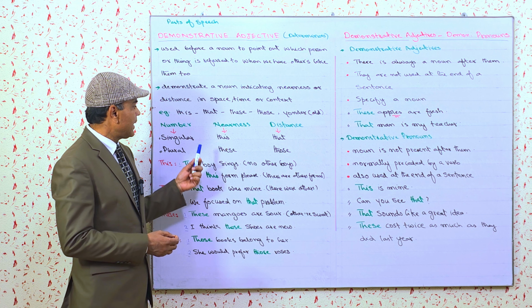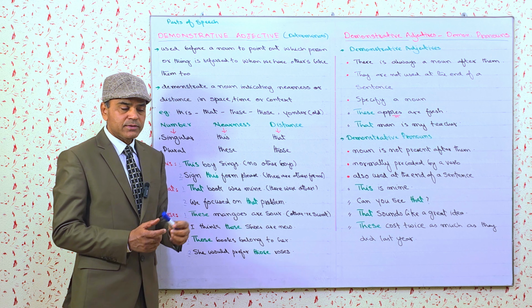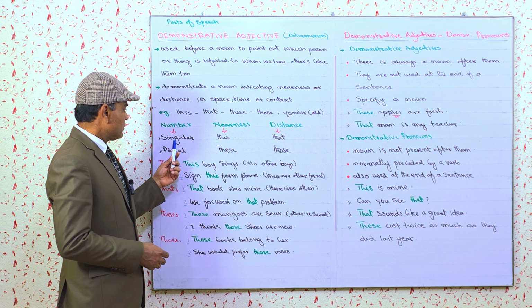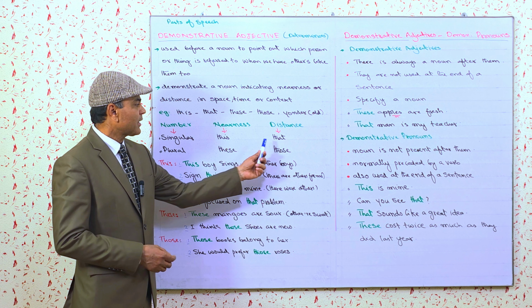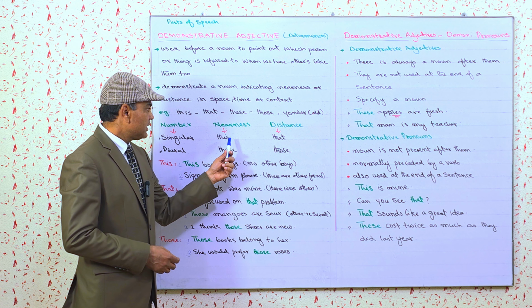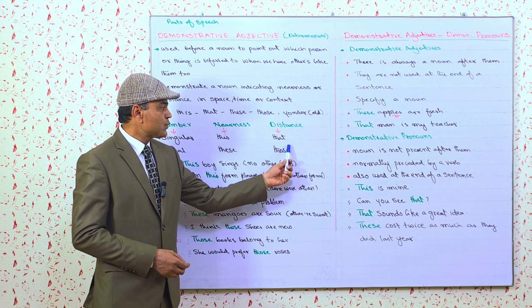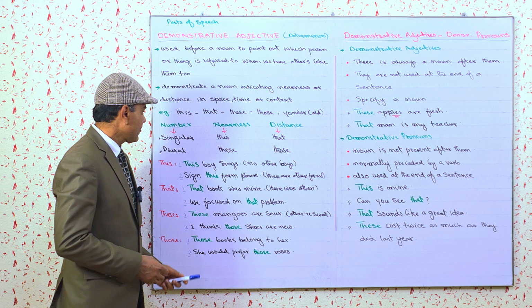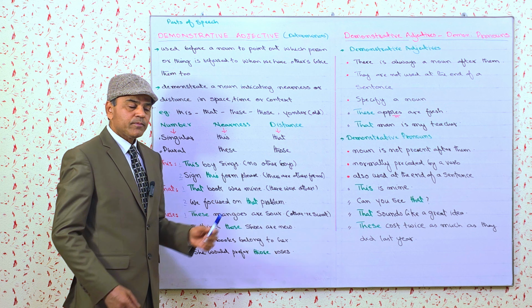So they are divided into number, nearness, and distance. The singular demonstrative adjectives are this and that. This is used for nearness and that is used for distance. Their plurals are these and those.